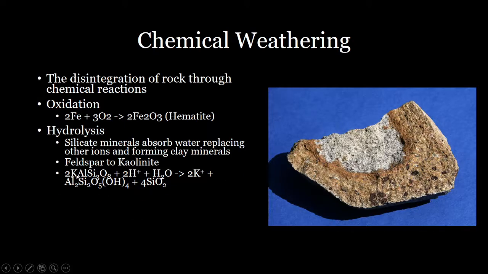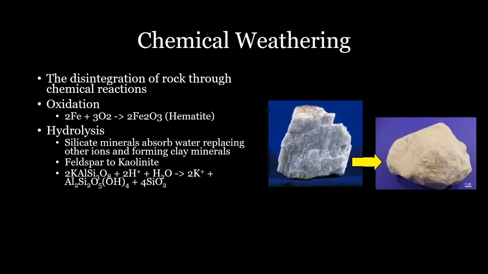You can see that here in the chemical formula as well. You have feldspar that has water added to it, and as a result, that chemical formula now has that water incorporated into it. And you can see the result of that here with the darker colored kaolinite.